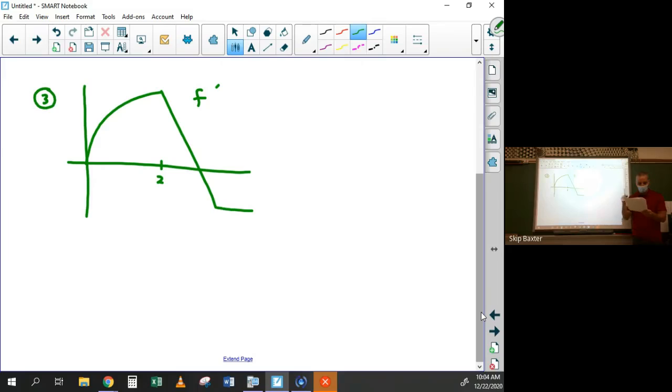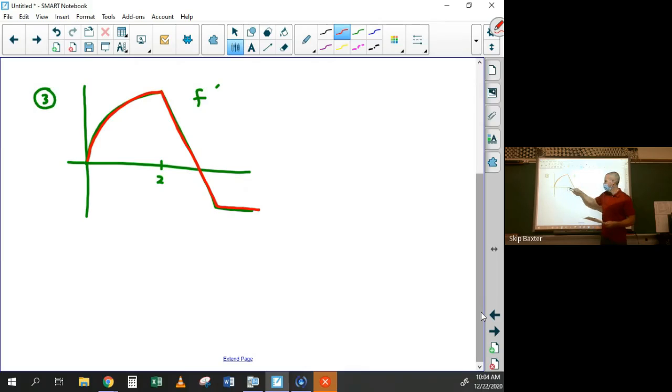So the first one says f is not continuous. Why is it that can't be true? It's differentiable. Yeah, because f is differentiable. This is f prime. Its derivative exists everywhere along this line. Even though there's a corner here and a corner there, that would mean that f double prime doesn't exist. But f prime exists, it's 2, right?